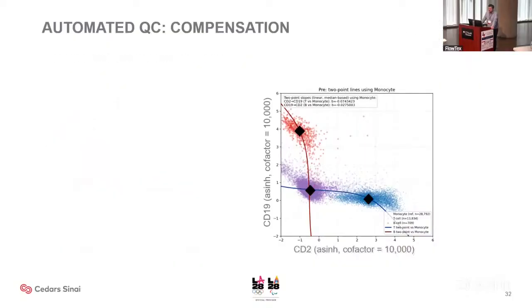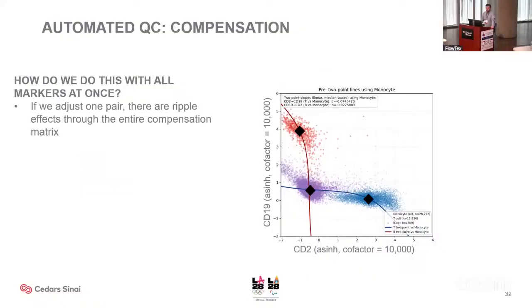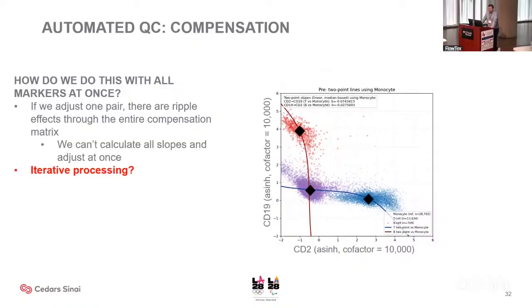But as all of us who have done any sort of unmixing adjustments know, if we change one unmixing pair, it affects everything. So we can't just calculate the slope for all of the pairs and correct all at once. It does not work, because if you adjust one, it's going to have a ripple effect through the entire matrix. So we took the approach of doing an iterative processing.